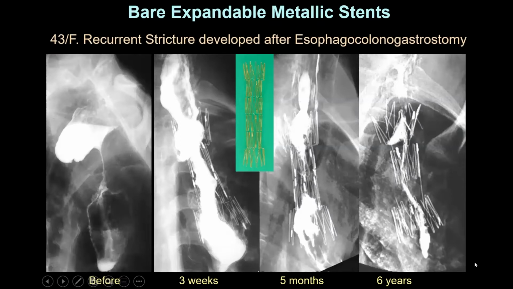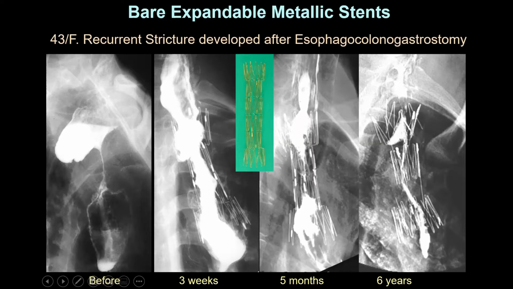Here is another patient. In this patient, a recurrent stricture developed after esophagocoloncoloni-gastric anastomosis. Here you can see severe stricture at the colon. And we placed a bare Z-stent. A 3-week follow-up study shows a widely patent stent, but we had to repeat balloon dilation every 2 months, commencing 5 months after stent placement because of severe stricture above and within the stent, that is tissue hyperplasia.